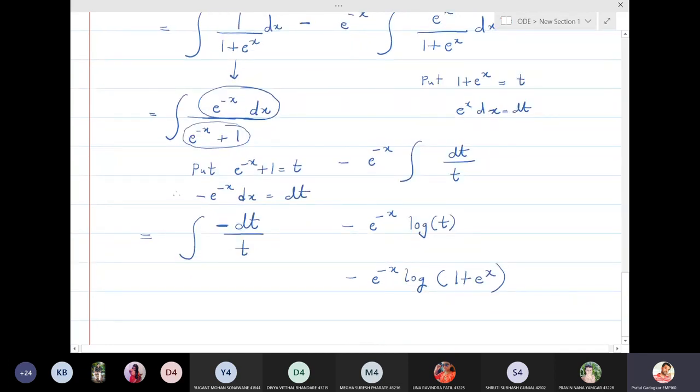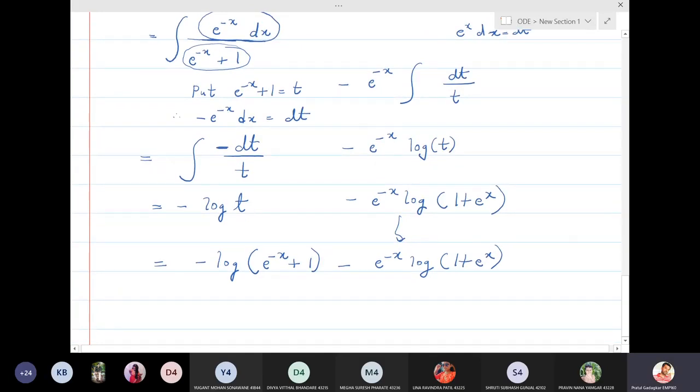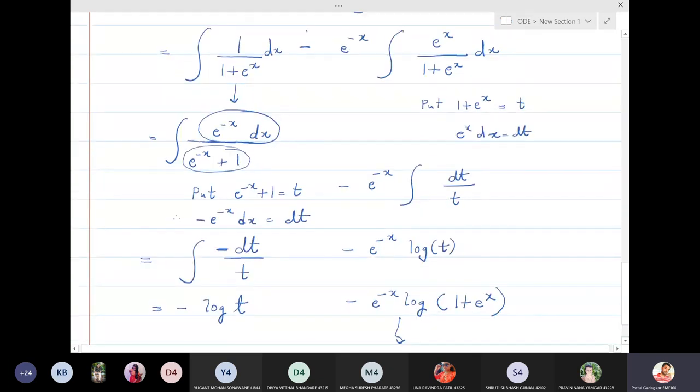So it is minus log t. But what is t? t is e raised to minus x plus 1, so it is minus log of e raised to minus x plus 1. Okay, so this is the solution of, who was this? This was yp. So we have successfully done the integration.